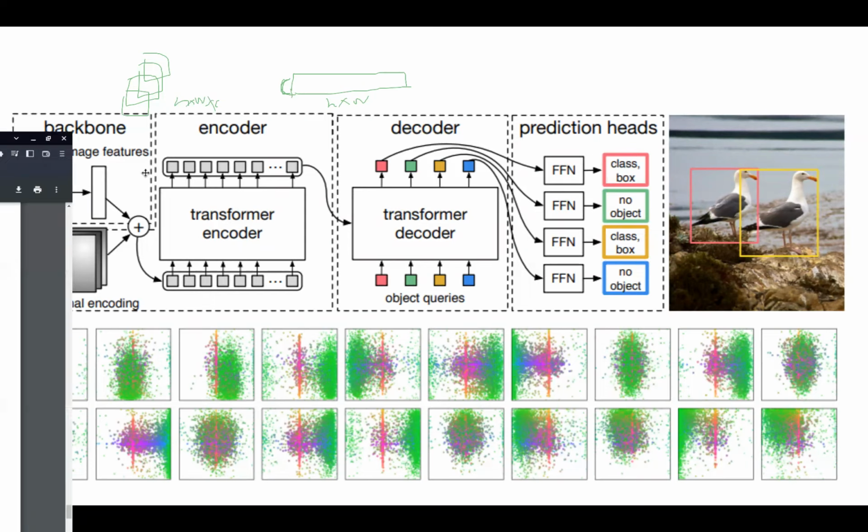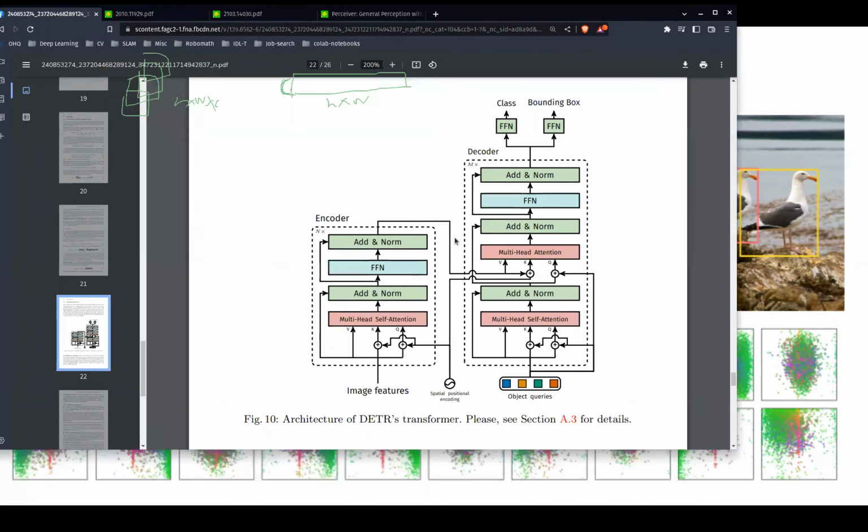So this is the encoder for the DETR paper. It's basically like the encoder that we had for transformers. Same goes for the decoder, although the way the decoder functions is different. So you have the same encoder n times.